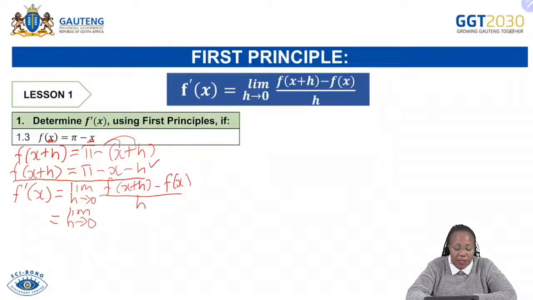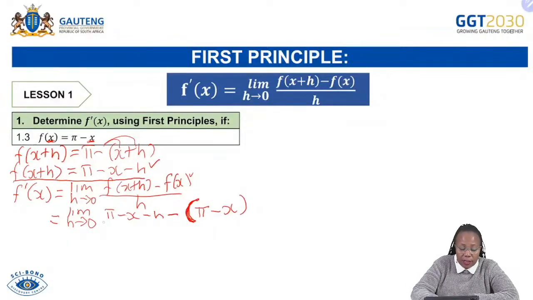F at x plus h is what? Pi minus x minus h, minus the f at x, important bracket, grade 12, do not forget that. Then we can now substitute the f at x, which is pi minus x, all over h.